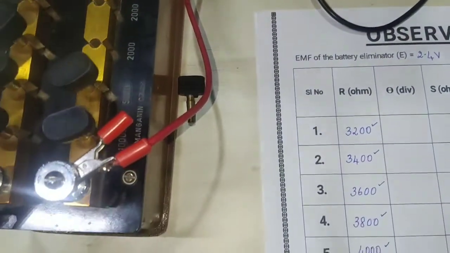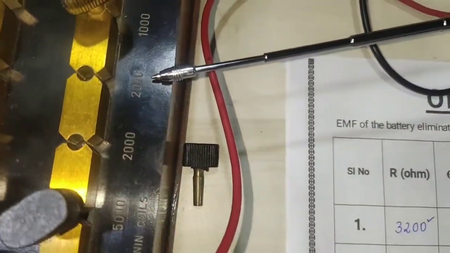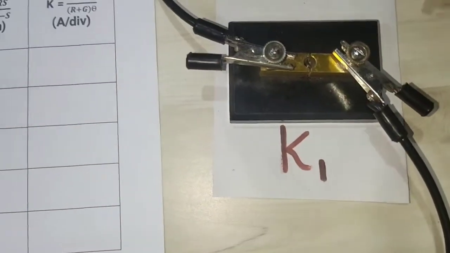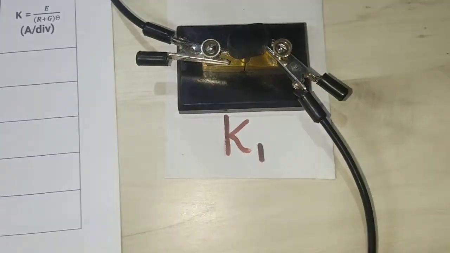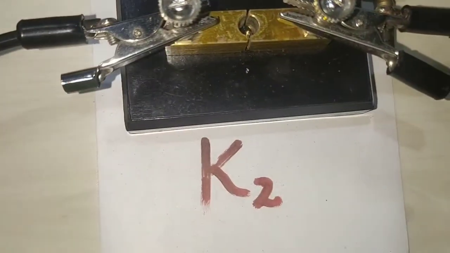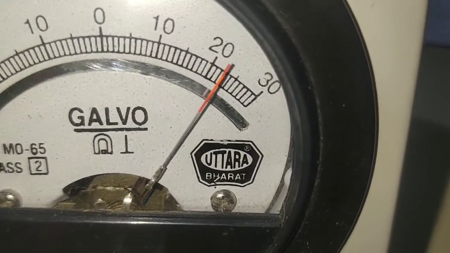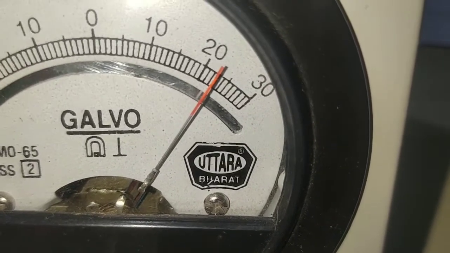So now you can read 2000 plus 2000, 4000 ohm unplugged in R. Then we need to close K1 and K2 is open. Note theta in the galvanometer and put it in the chat box.